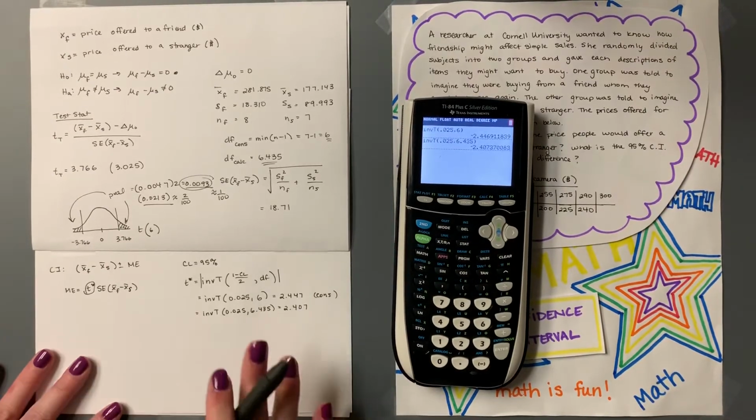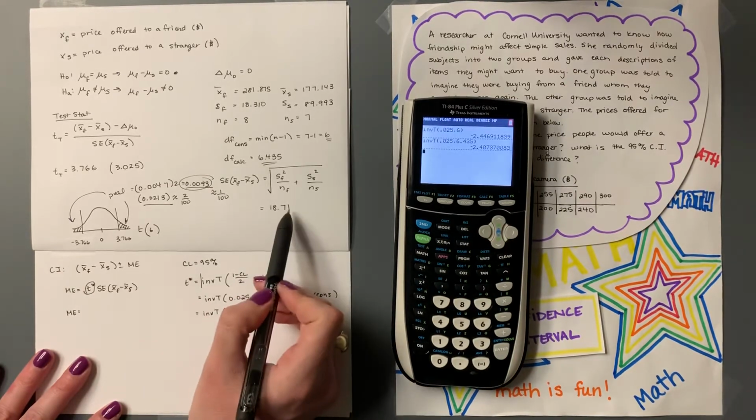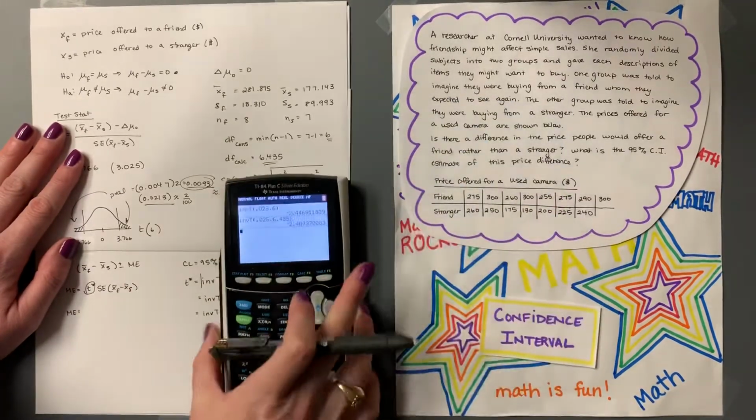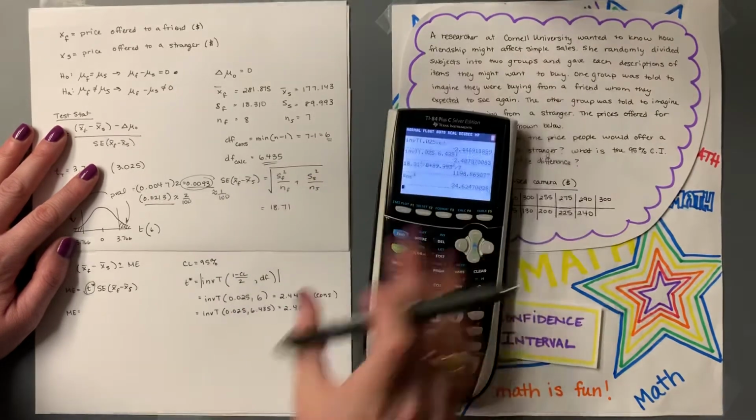Okay, so now I'm going to look at my margin of error, which is going to be t-star multiplied by my standard error. I'm just going to recalculate that to make sure that I did everything right. 18.31 squared divided by 8 plus 89.993 squared divided by 7. And let's take the square root of that, and I get 34.